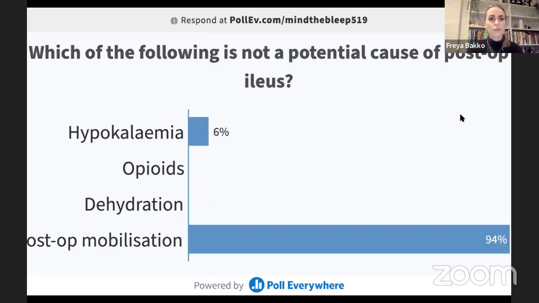So the question was, which of the following is not a potential cause for post-op ileus? And the correct answer is post-op mobilization. Quite the contrary, post-op mobilization, especially early mobilization, is important and can often resolve ileus.